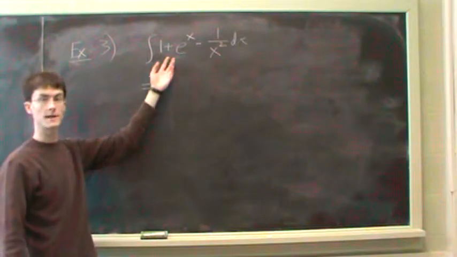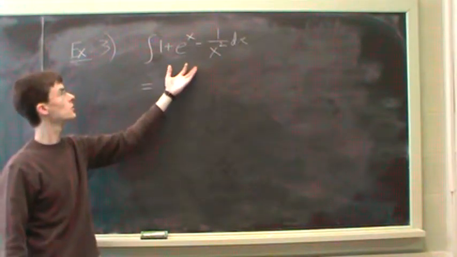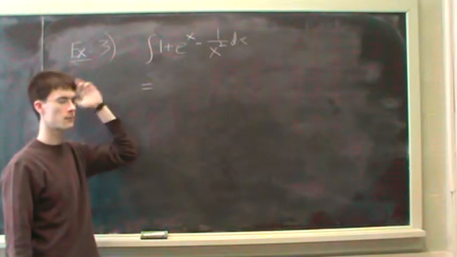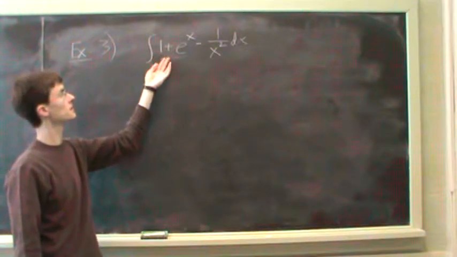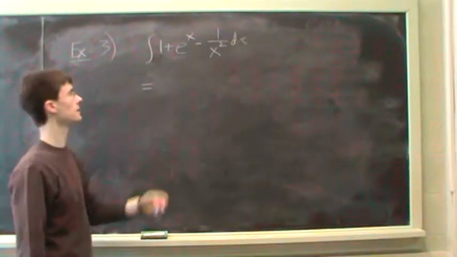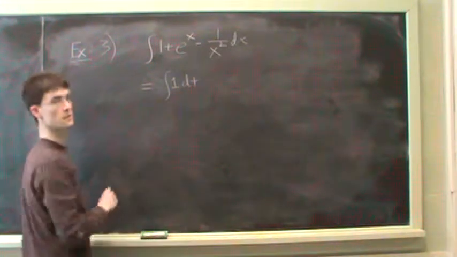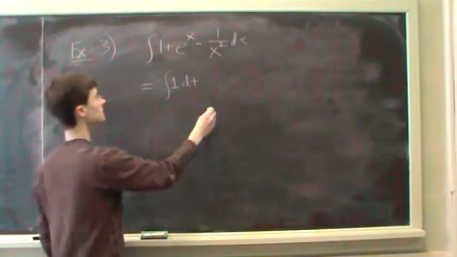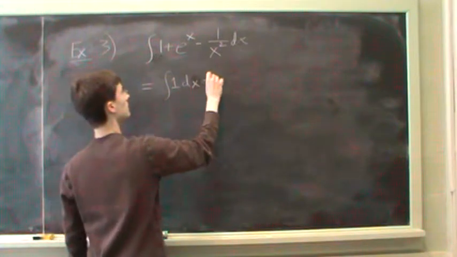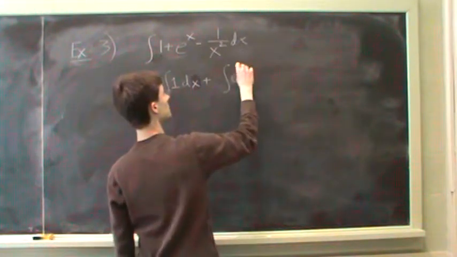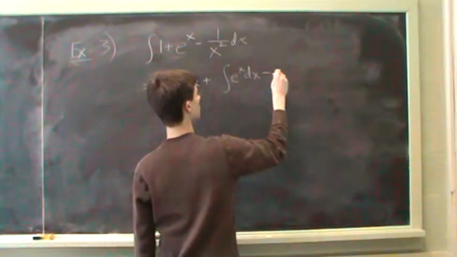So as before, we have a sum of terms. So the sum rule tells us that we can split the antiderivative into a sum of antiderivatives. The first one will be the antiderivative of 1 dx plus the antiderivative of e to the x dx.